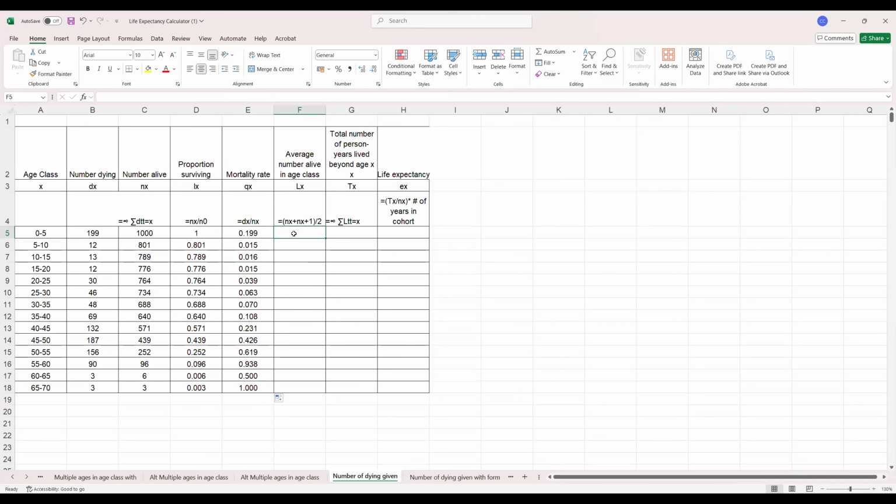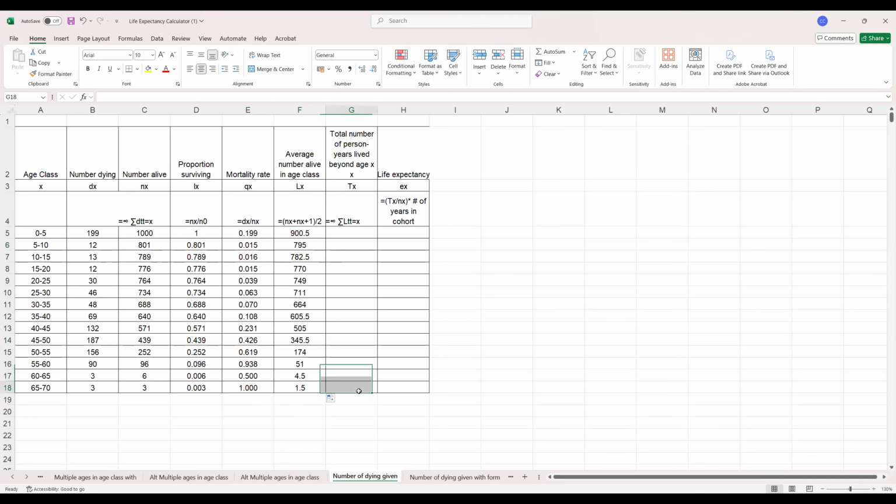Okay. Next, capital L sub x. So this one plus this one divided by 2. Again, it's same row plus the number alive in the next row divided by 2. You drag and drop.